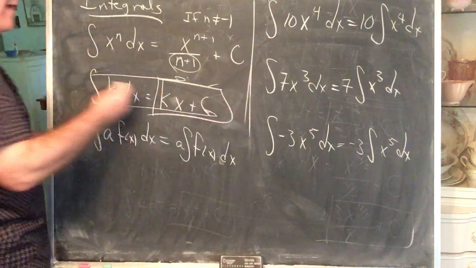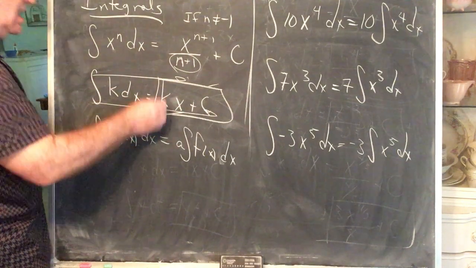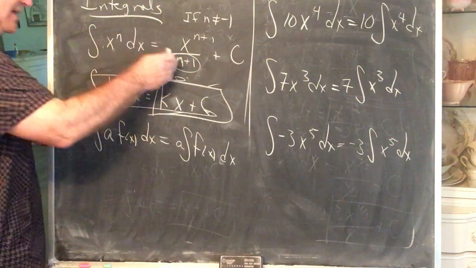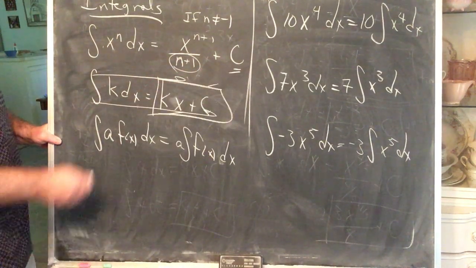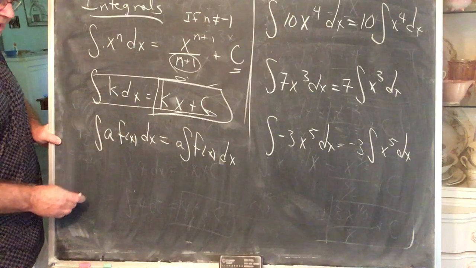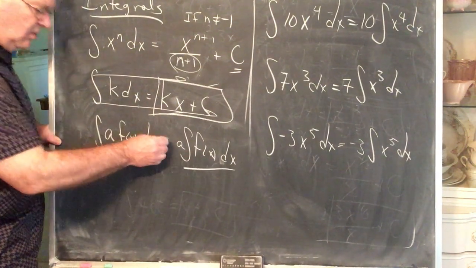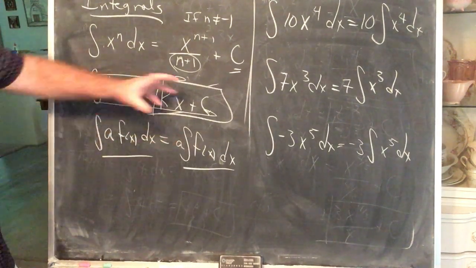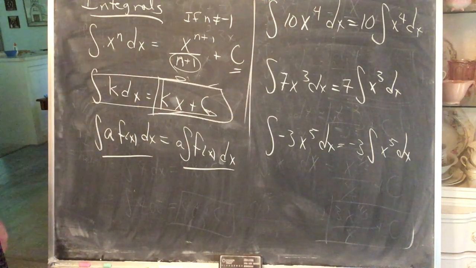When you evaluate this integral, you get this. Whenever that's the procedure, you need the constant of integration in that form. But this is not saying that. This says this integral and that integral are equal. When you actually do the computation, that's when you would throw in the constant of integration.